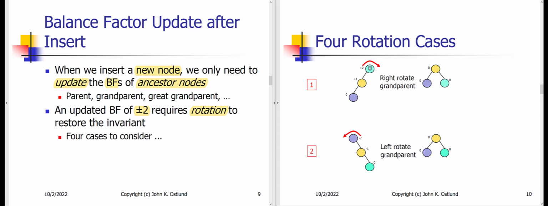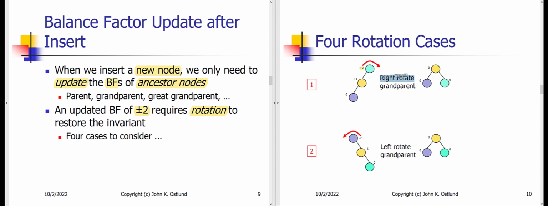And for the grandparent, the balance factor is +2 because the height on the left is 2 and the height on the right is 0. So we've discovered a situation where the balance factor invariant is not being held. And the solution to that is fairly straightforward.